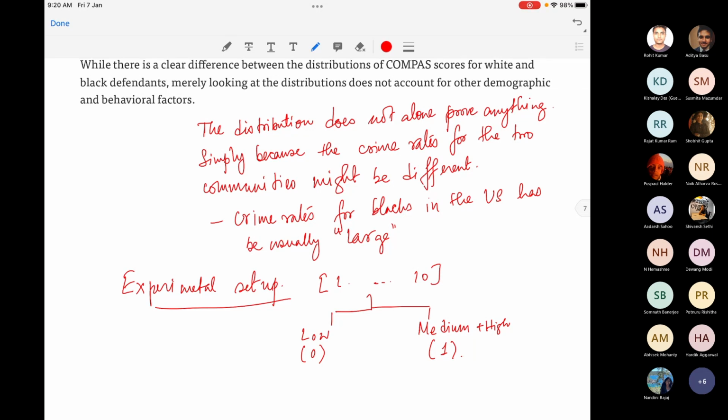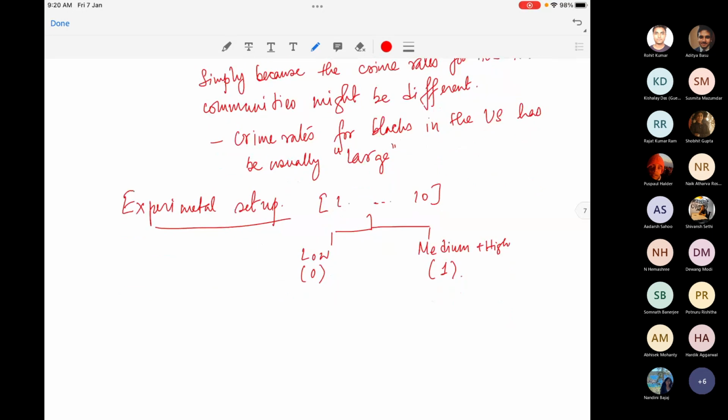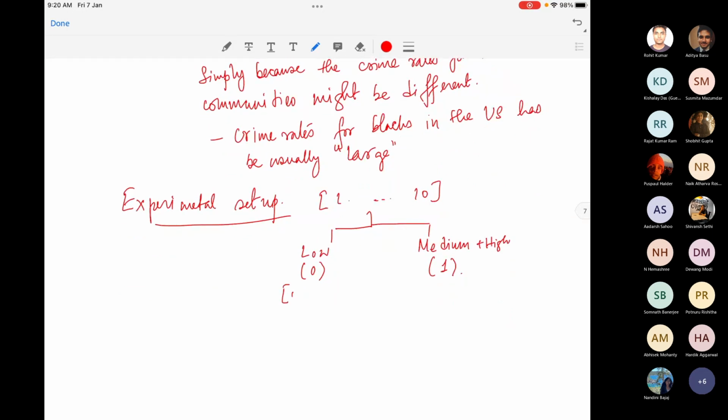The experiments might be very simple, but having a very clear thought process takes you a long way. So that means this was, if I remember correctly, 1 to 4, and this was from 5 to 10. So these were the two subcategories.